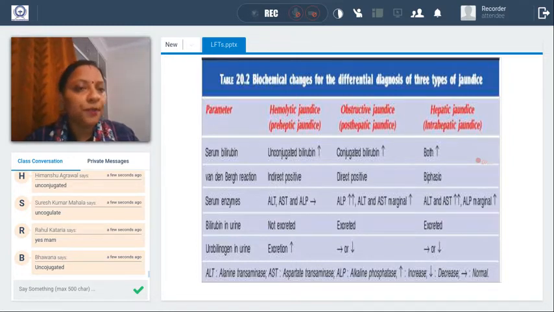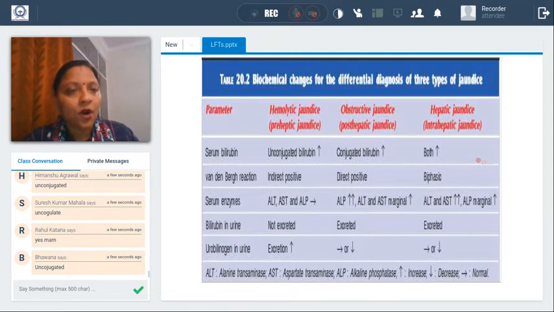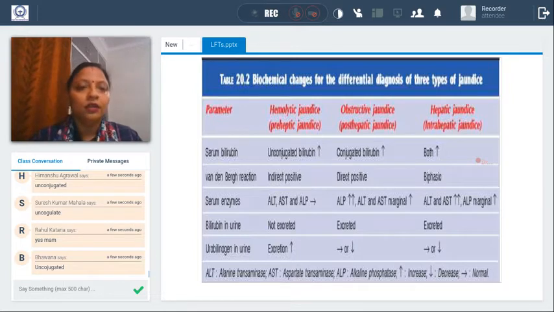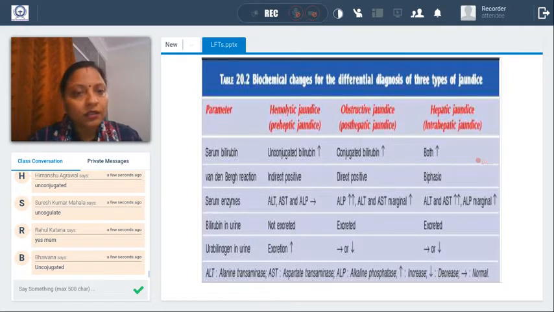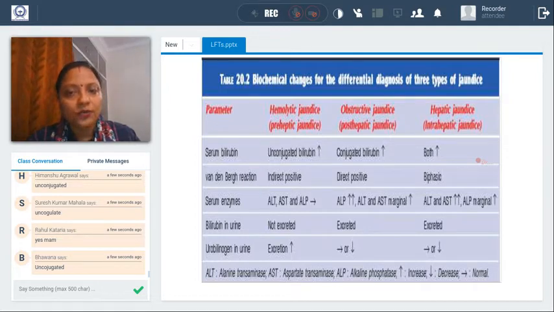Hemolytic jaundice is also called prehepatic, obstructive is post-hepatic, and hepatic is also called intrahepatic. Here in serum bilirubin, in hemolytic jaundice unconjugated bilirubin is increased, in obstructive jaundice conjugated is increased, and in hepatic jaundice both, so it is called biphasic.